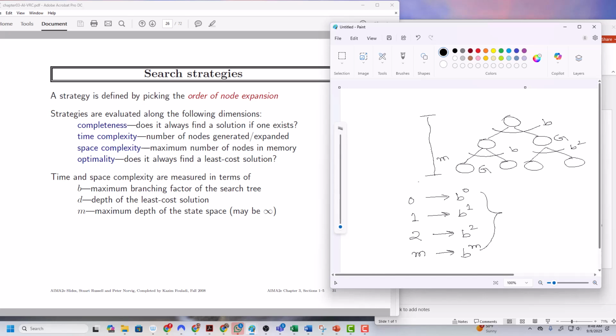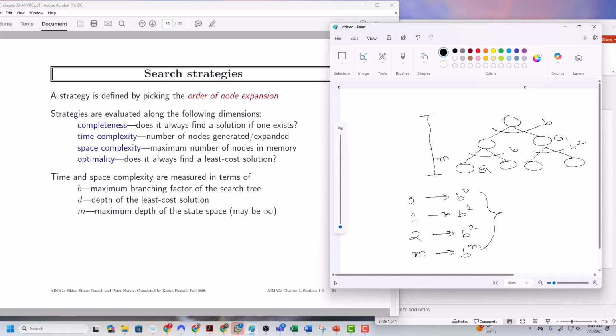So time complexity is often measured as the number of nodes generated, and space complexity as the maximum number of nodes stored. As I said, if you need to store all these nodes, you have to add them all up and find out how many total nodes there are. Finally, when judging a search, we think about costs. There are basically two types of cost.